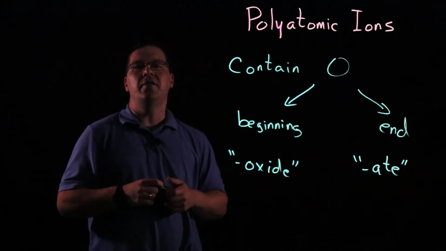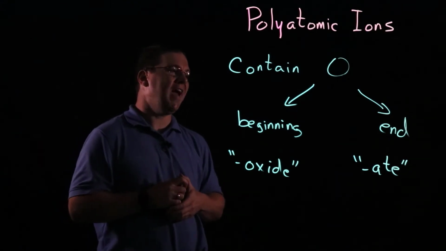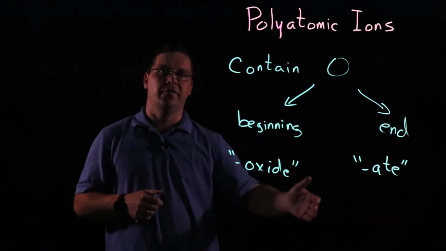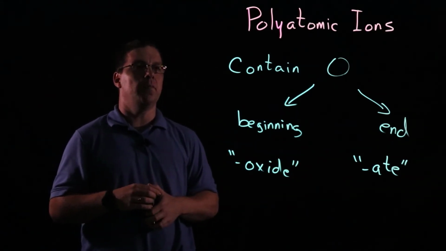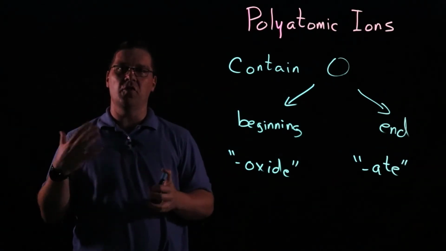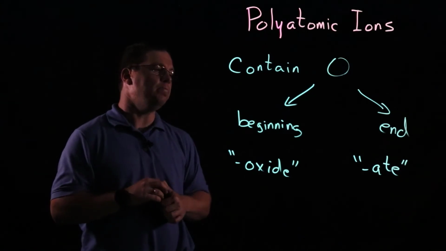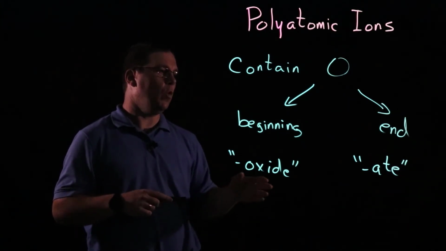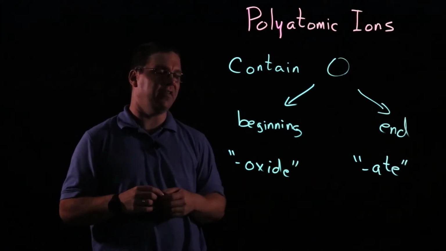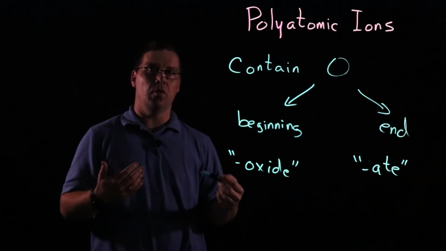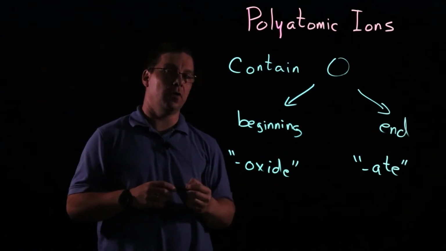Another clue, in this first set, whenever you look at these ATE ions, and quick side note, I mentioned before sulfate and sulfite, the difference there simply being the ending. What that is going to give us is a clue as to the number, or the relative number, of oxygens that are present.